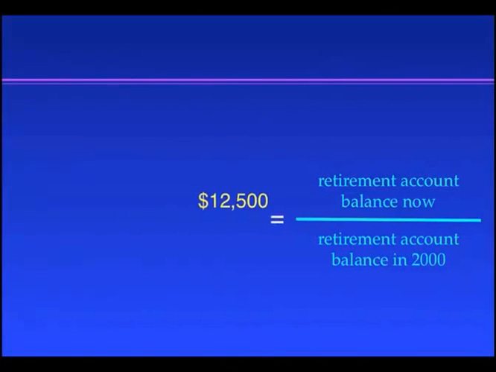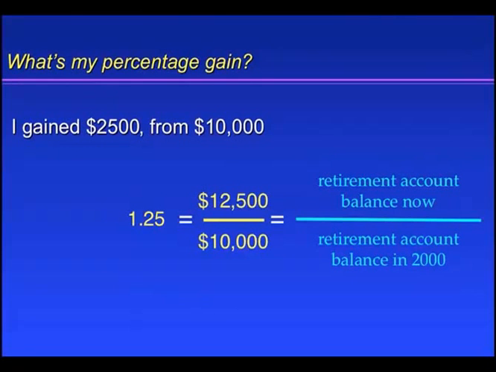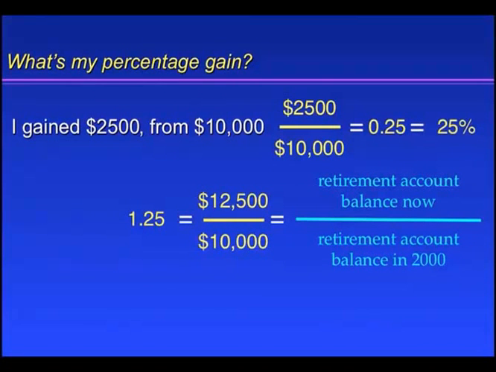Let's say my retirement account balance now is $12,500, while my retirement account balance in 2000 was $10,000. The ratio now is 1.25. What's my percentage gain? Well, I gained $2,500 from 10,000, so 2,500 over 10,000 equals 0.25 or 25%.